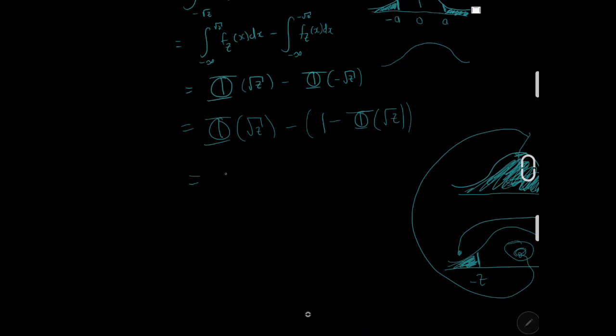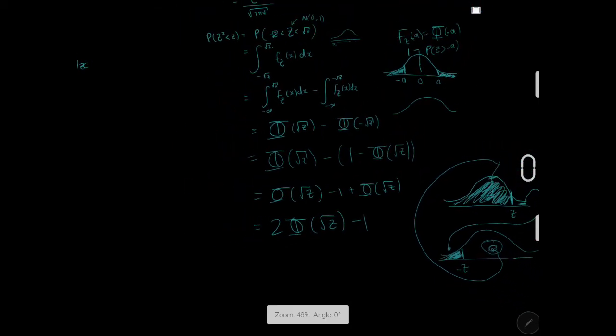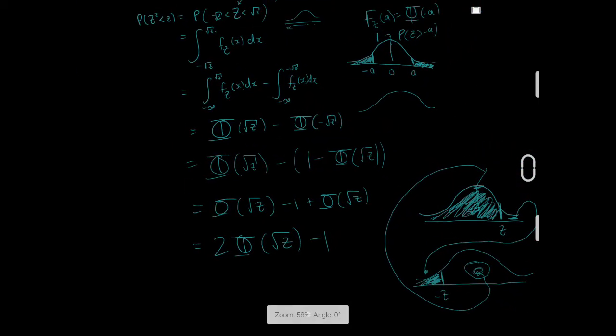Doing some more algebraic manipulation, this is phi of root z minus 1 plus phi of root z. So now we have 2 phi of root z, and we subtract 1. Okay, so that's the cumulative distribution function for z squared.